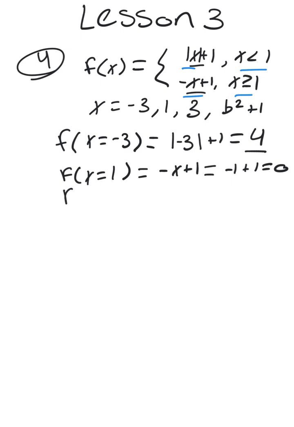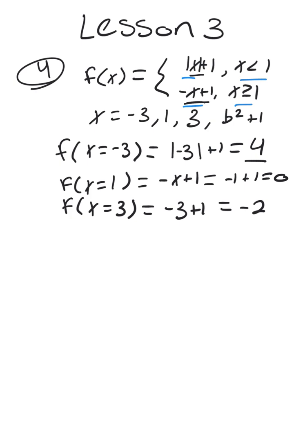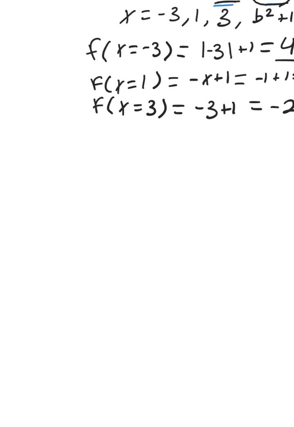And then lastly, we have f(x) equals 3, which also equals, as we see here, negative 3 plus 1, which equals negative 2. So now the inequality that's left over is x is greater than or equal to 1.